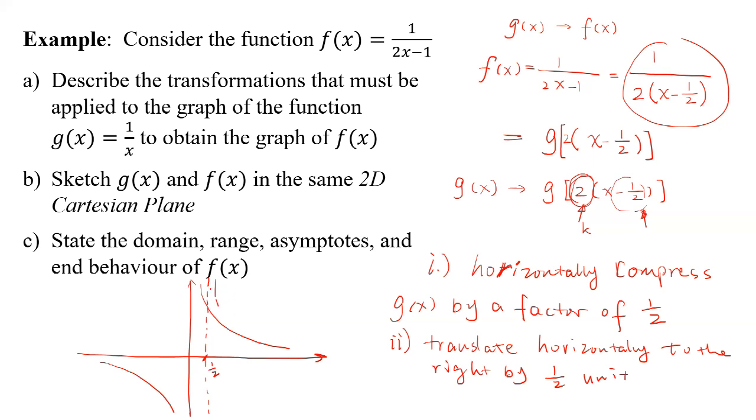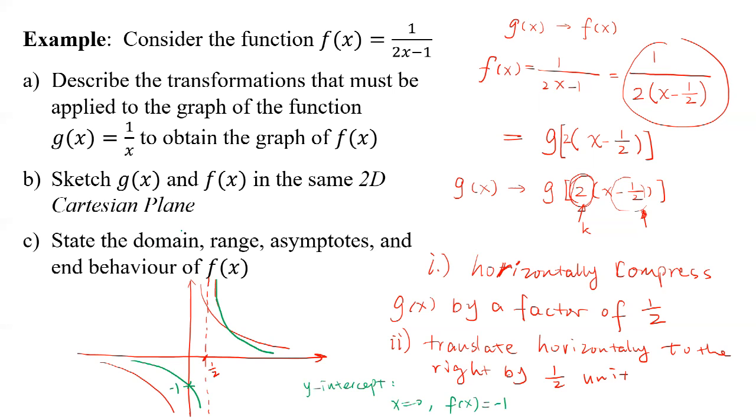So this is the new function. The new function will look like this. And there is a y-intercept. Let's calculate the y-intercept then. The y-intercept is when x is 0. When x is 0, f(x) is minus 1, right? So minus 1 here.